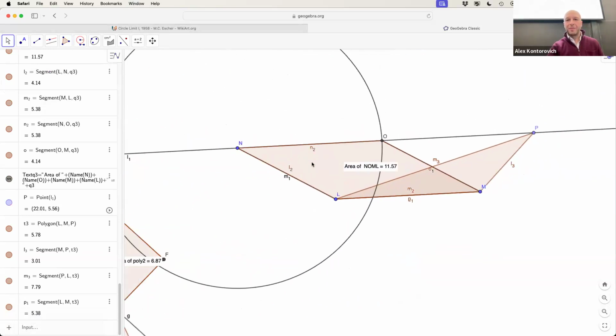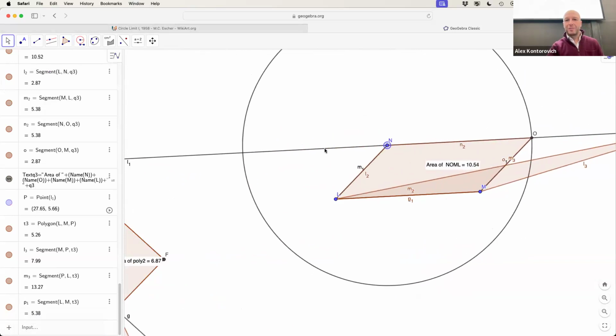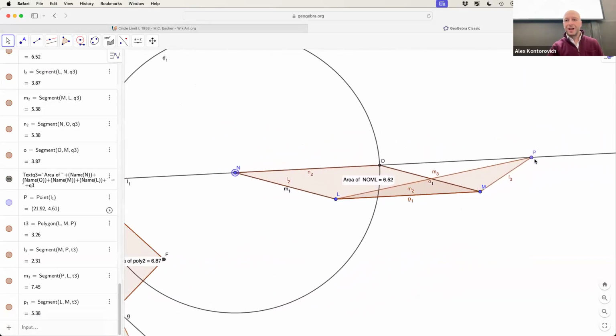You have a parallelogram, any kind of parallelogram whatsoever, and then you have a triangle, any triangle whatsoever, that has the same base as the parallelogram, and the top is on the parallel. So if the parallelogram's area is 6.5, what will the triangle's area be? Half of that, 3 1/4.